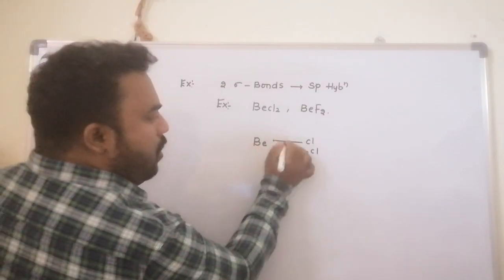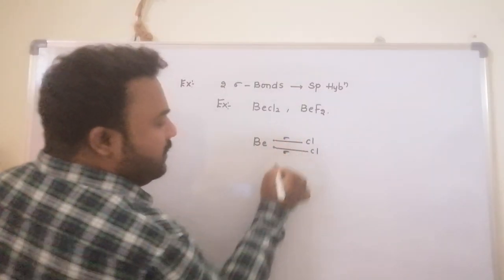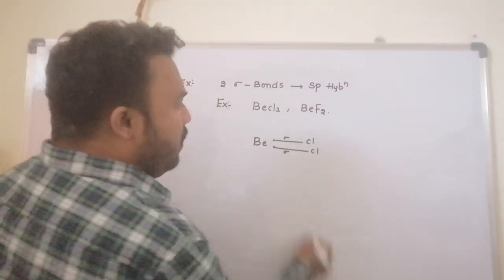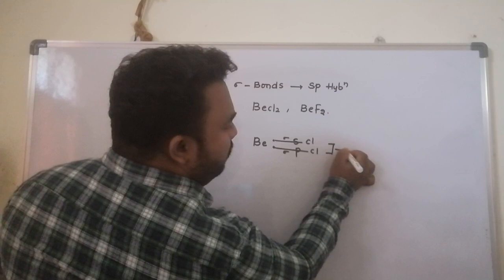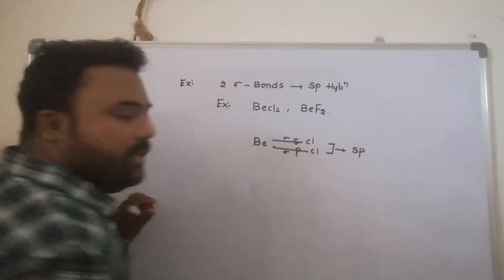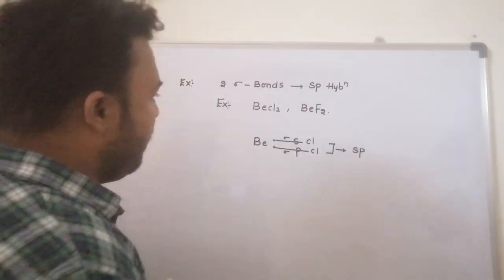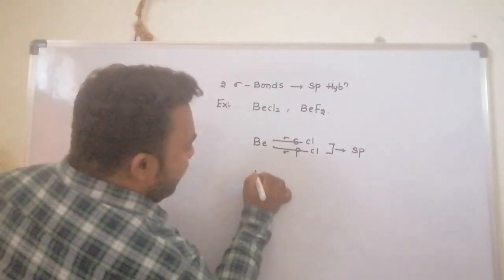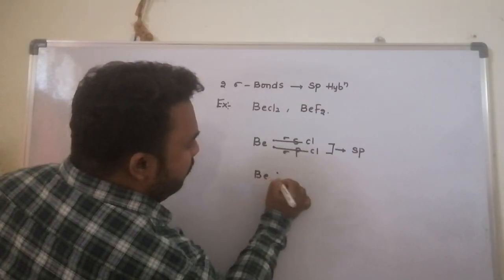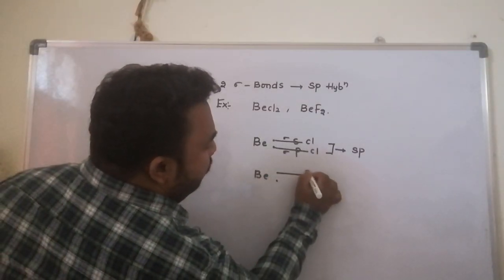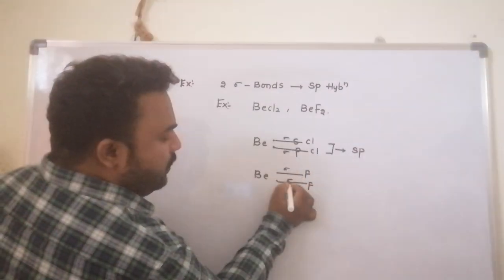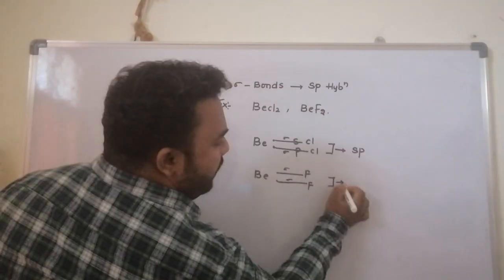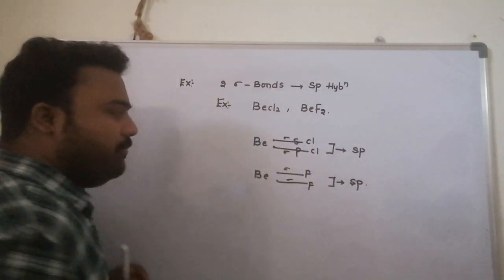So two sigma bonds. This is one sigma bond, this second one is another sigma bond. If two sigma bonds are present, then hybridization is sp. In case of BeF2, here also the same, beryllium forms two sigma bonds, then hybridization is nothing but sp.